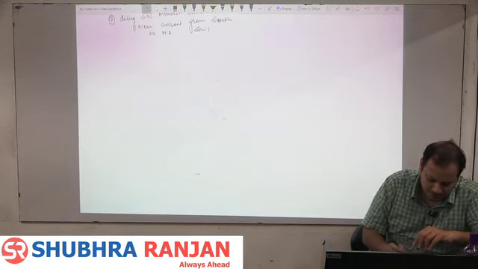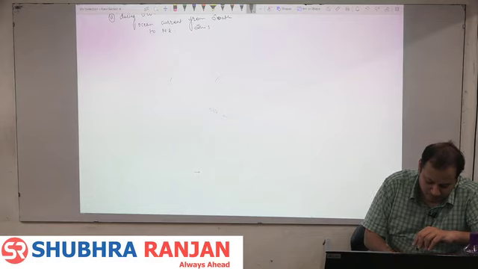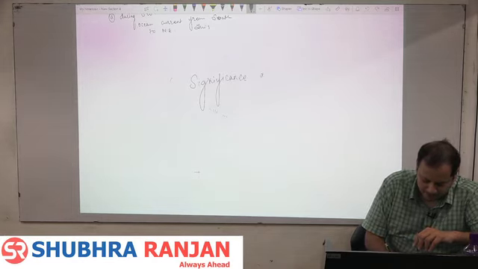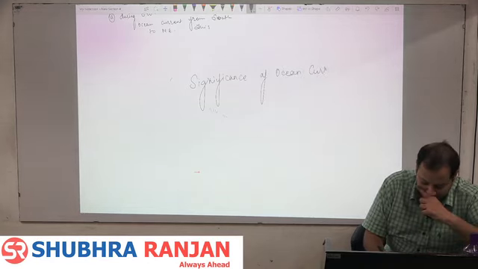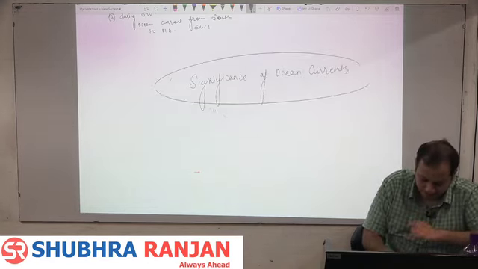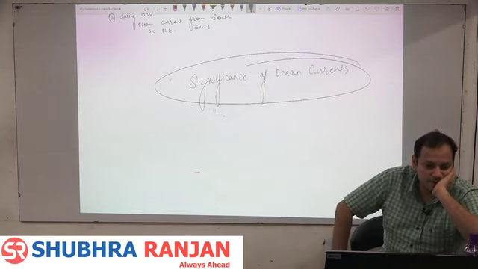अब the next point I want to ask you is the importance of the ocean currents or significance of ocean currents. Very simple. Don't write anything, just tell me the points. अगर ओशन करंट्स नहीं होते तो क्या क्या होता?